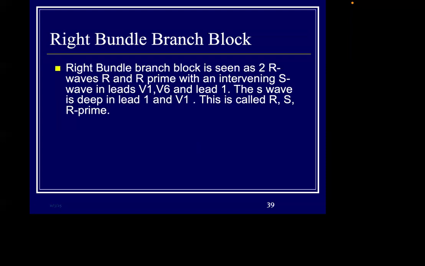Usually when you come to assess the bundle branch block, right or left, you need only three leads. You look to them, lead 1 and lead V1 and lead V6. You look to these leads.